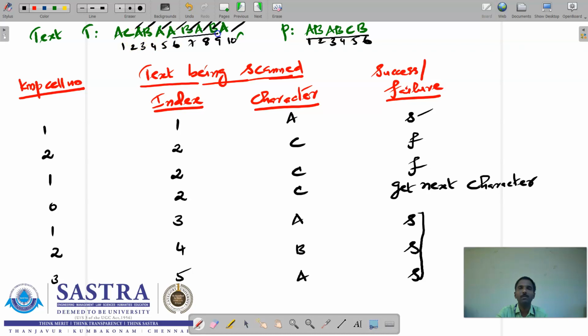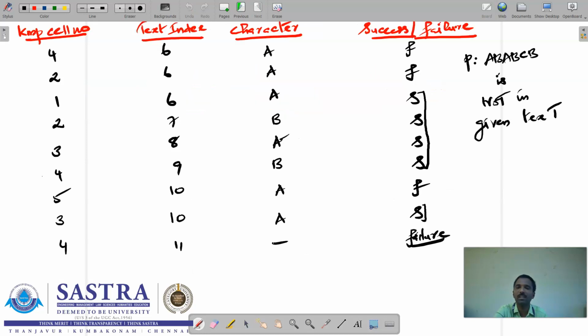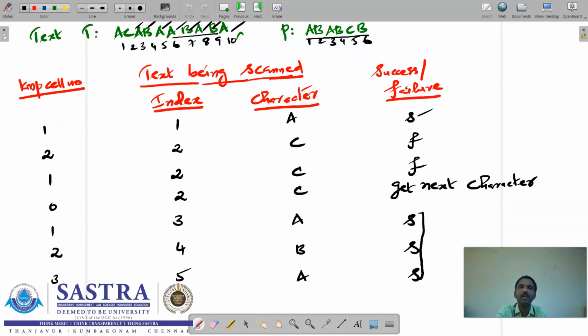AB, that's all, 4 characters are matched. That's what we have in that trace, these 4 successful searches corresponding to the text characters. We have not obtained completely the 6 successful searches, as 6 characters continuously were not obtained. That's what we are concluding, that the given pattern P is not available in the given text.